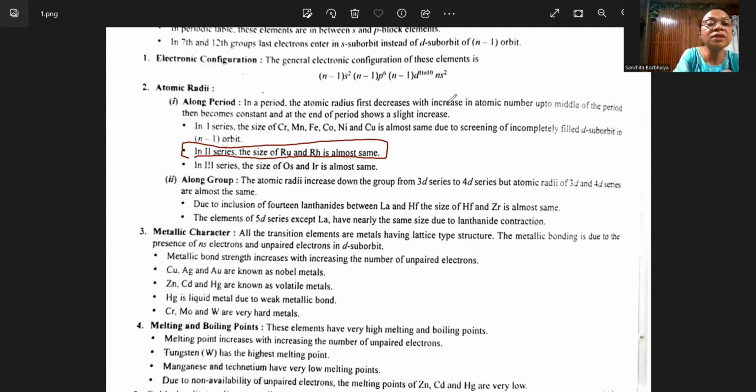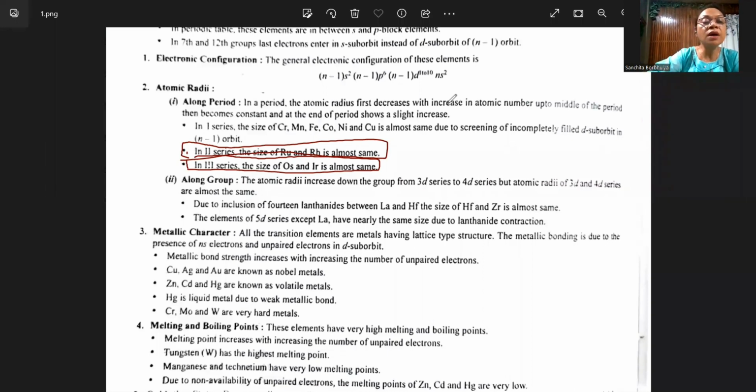In the third series, the sizes of osmium and iridium are almost the same because of something called lanthanoid contraction, which I'll discuss eventually.